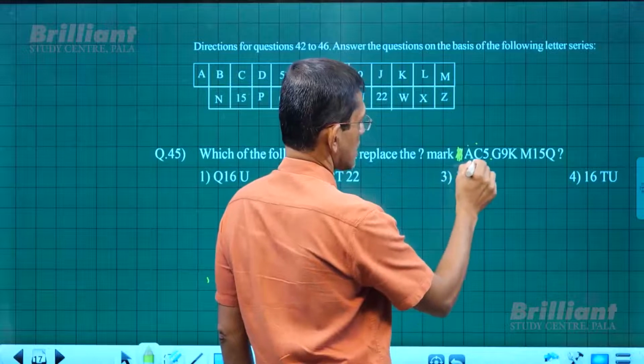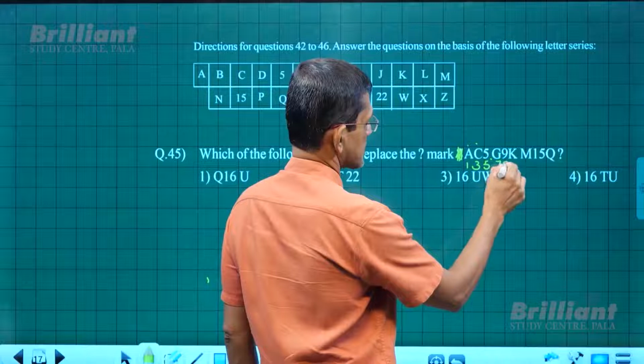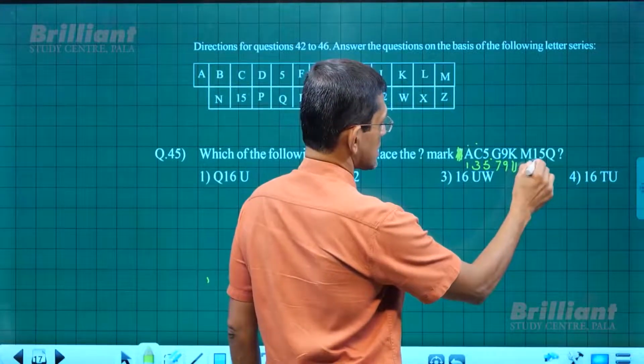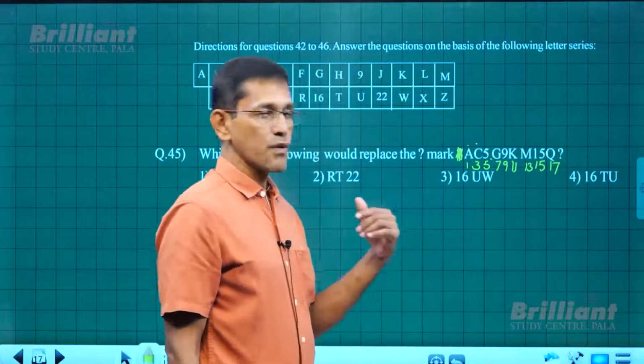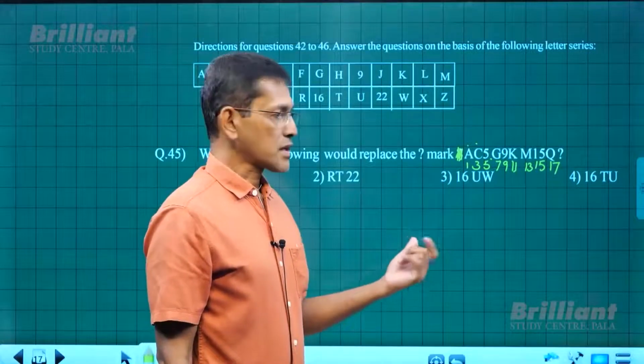So 1, 3, 5. G is 7, so 7, 9, 11. And M is 13, so 13, 15, 17. So which set of letters and numbers would replace that question mark?